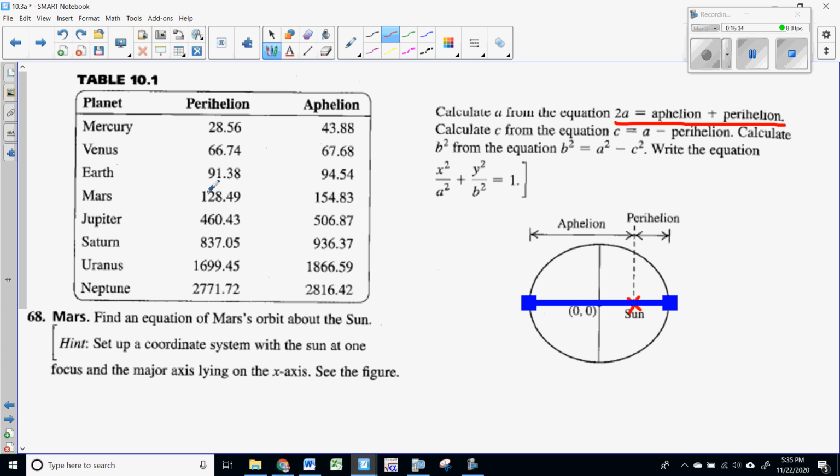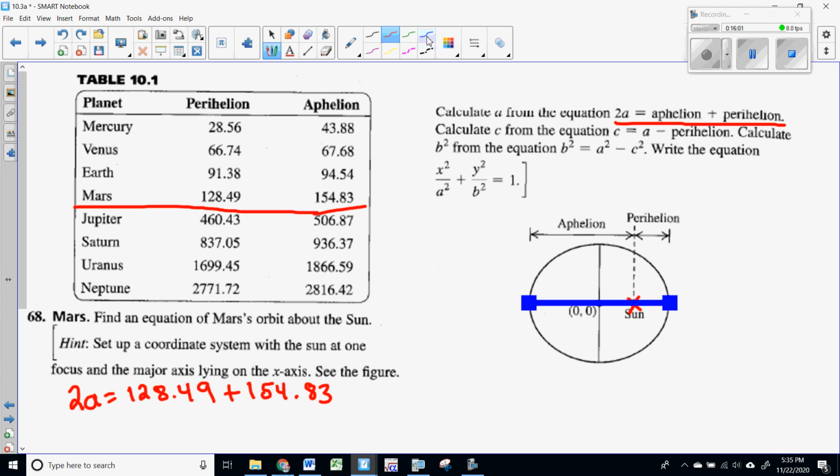So we want to do that for Mars. So for Mars, we can say 2a is equal to, and here is Mars right here, 128.49 plus 154.83.